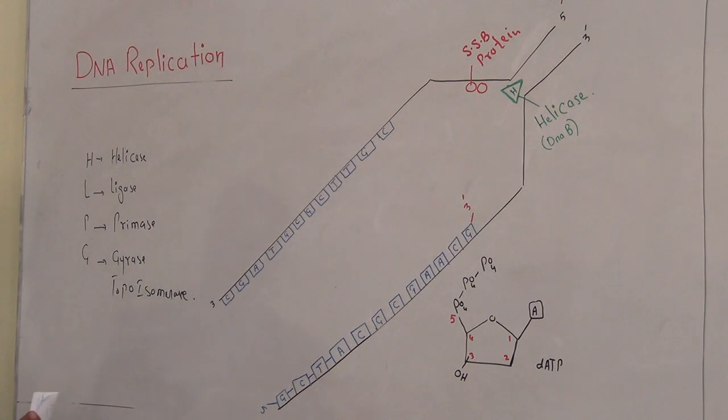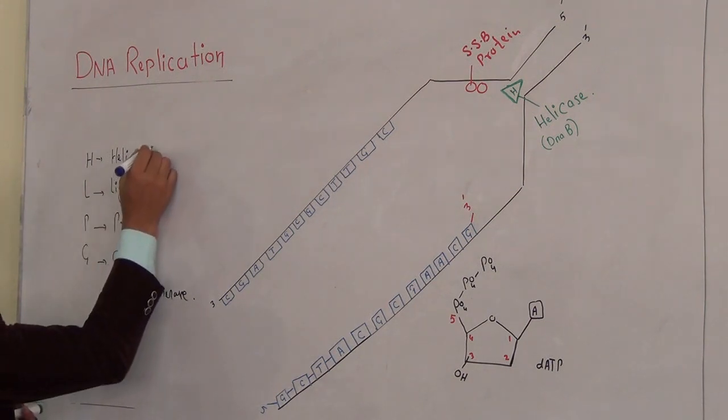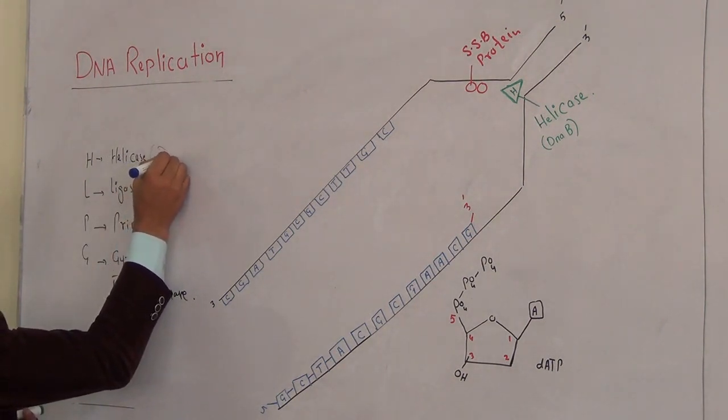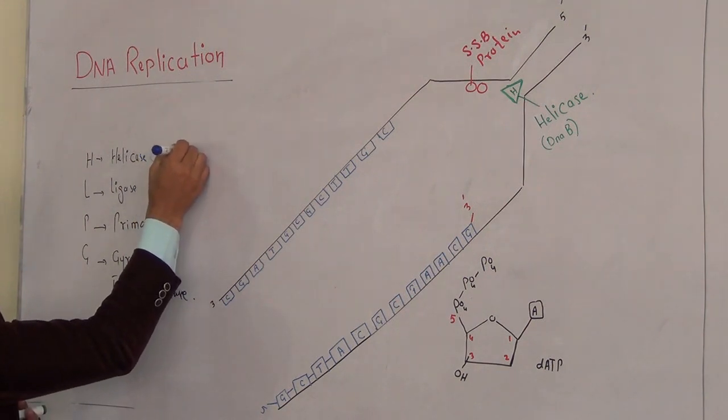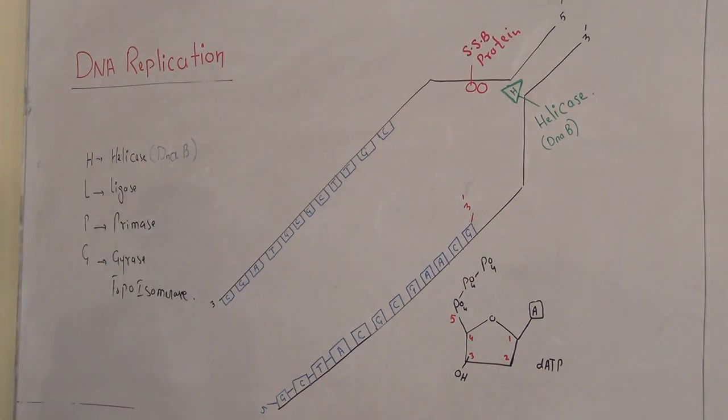Here the helicase is also called the DNA B protein, right? So these are some enzymes.